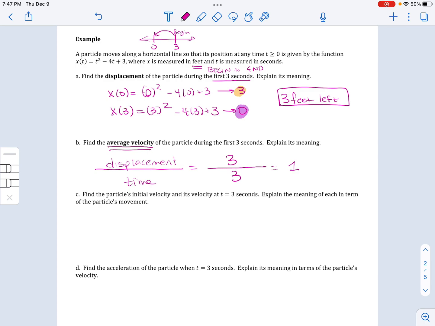What a goofball. And so the meaning of that 1 is that's the average pace. Technically there's a minus sign here, because velocity has direction. So we are decreasing our position by 1 per second.